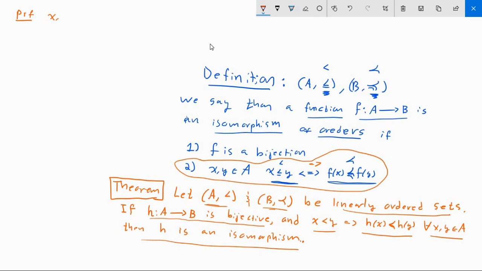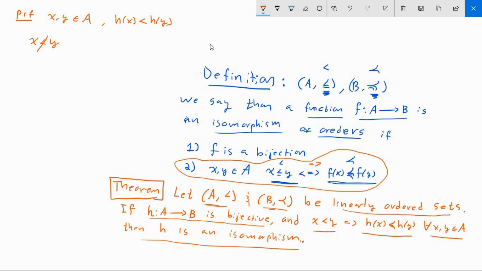Of course, in order to prove this, we have to begin with two arbitrary elements of A, x and y, and we're supposing that it is the case that h of x is strictly less than h of y. We're going to proceed by contradiction here. So what we want to show is that x is less than y. And so let's suppose the case that this doesn't happen.